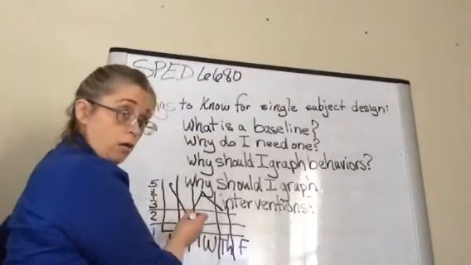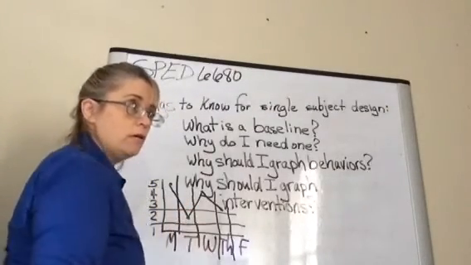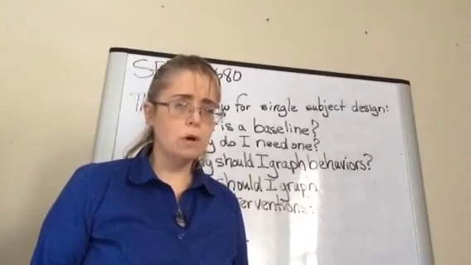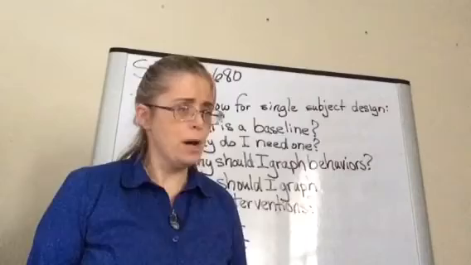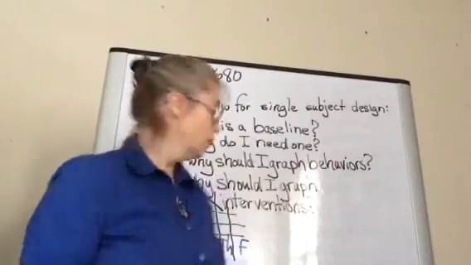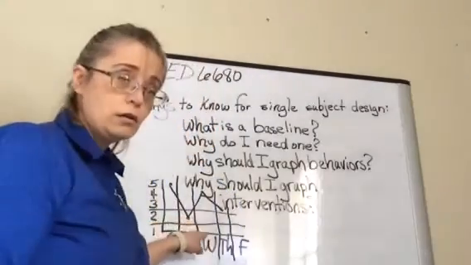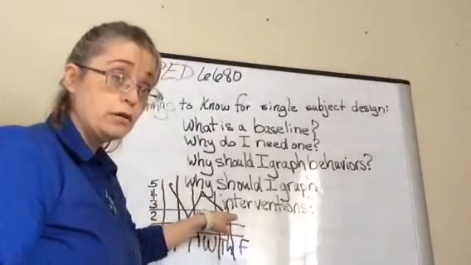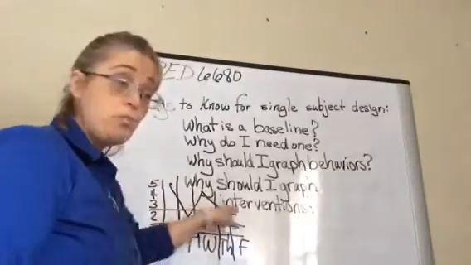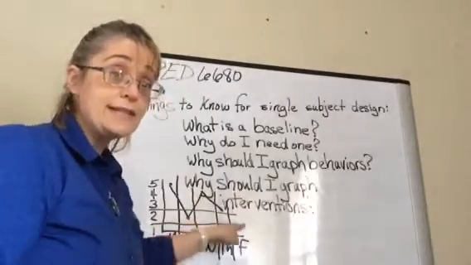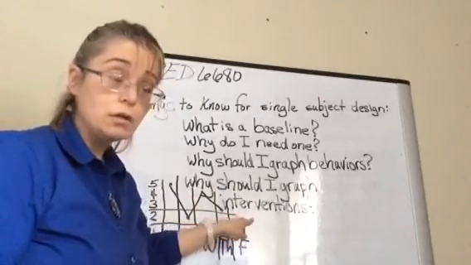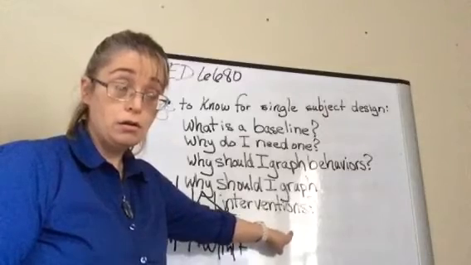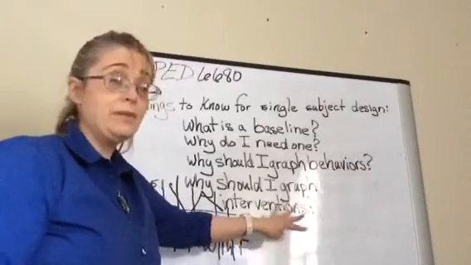So now, if somebody says, Miss Smith, why are you wasting your time on Johnny? You can say, well, see, we took time, and this is how much he was out of his seat. And this is our plan. Now it could be token economy, it could be whatever.